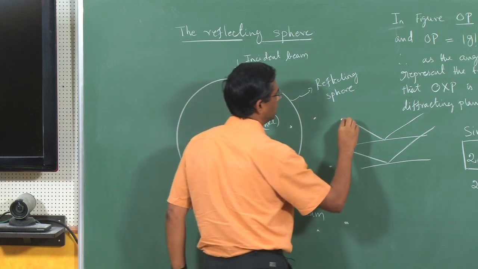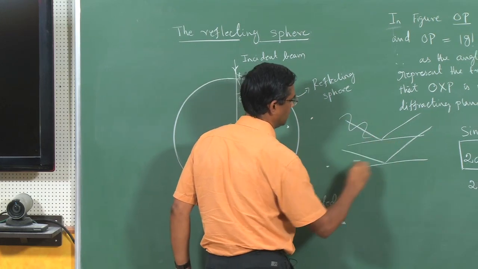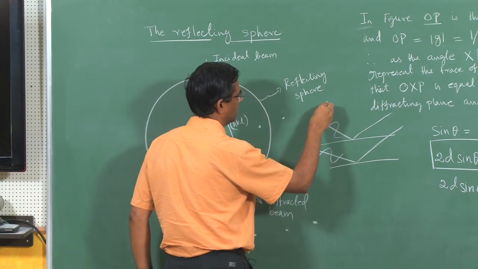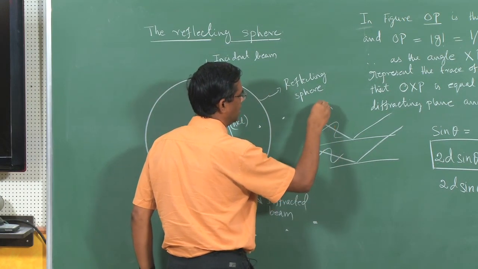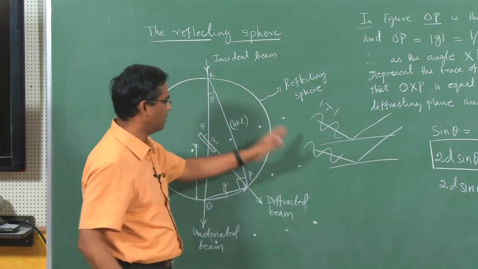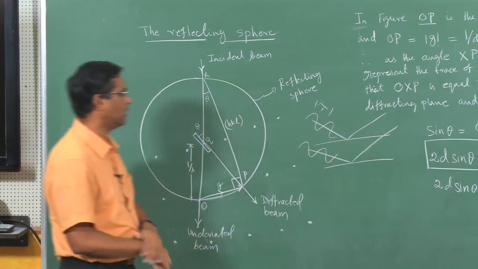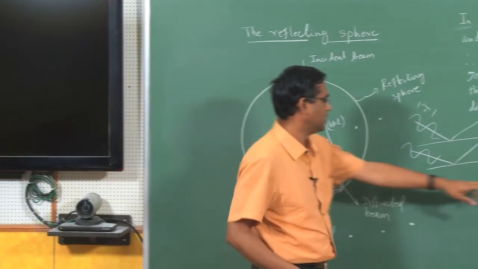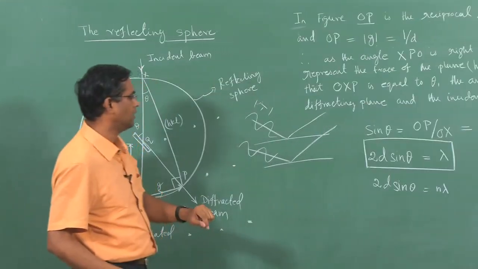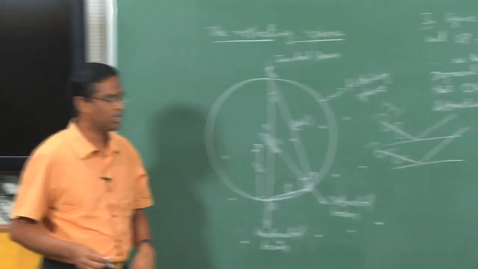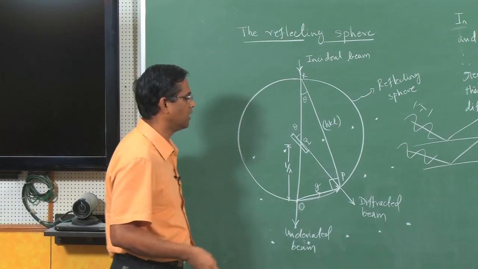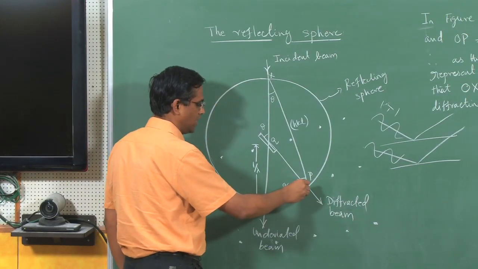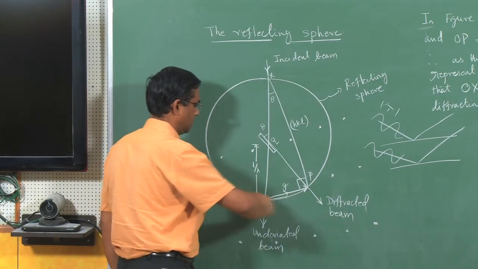So, if you assume this is having some particular lambda, but when it is reflected that side, when this condition is satisfied, then that incident is called a diffraction, that phenomenon is called diffraction. That is clearly demonstrated with this diagram.